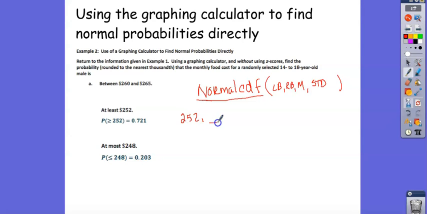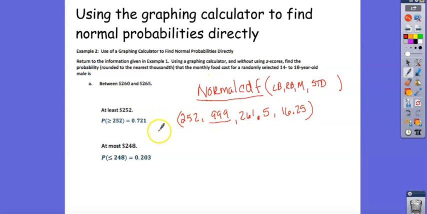And your right bound is infinity, and they don't have a term for infinity, so you can just put like 999 in there, a really big number, and it will turn out okay. It'll give you a good probability there. And you would enter in my mean of 261.5 and my standard deviation of 16.25. Okay, that's how you would do it with your calculator.